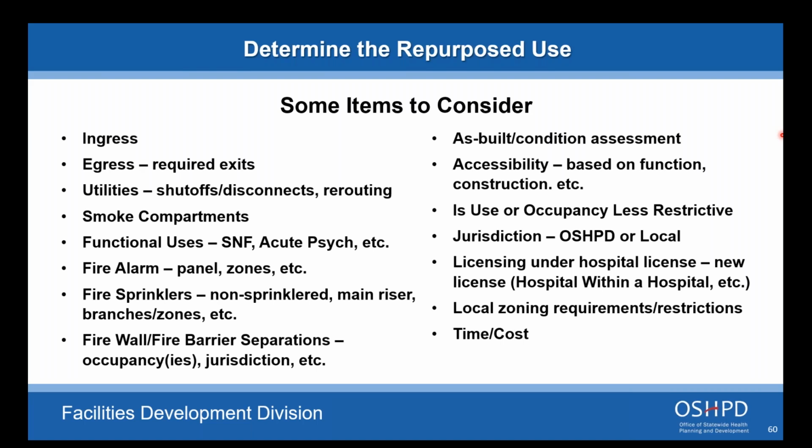And then the time and cost involved in either taking it out of service, demoing it, or moving it to another jurisdiction. So there's a lot to consider. Actually, we've already got quite a few questions on removing these from acute care service, and we'll probably answer those in more detail when we do the questions and answers.